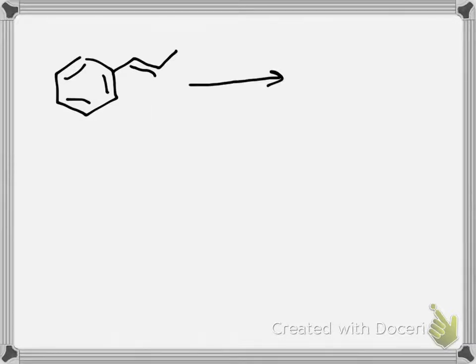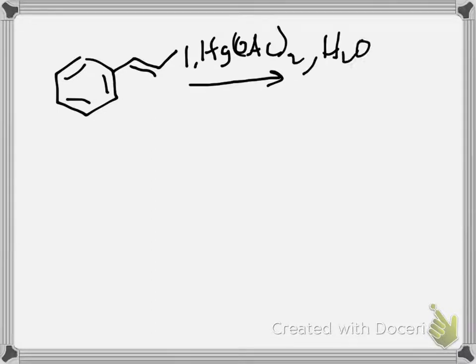If you take a look at this example that we've seen in class, and I carry out an oxymercuration-demercuration reaction, there are two products that I can form.